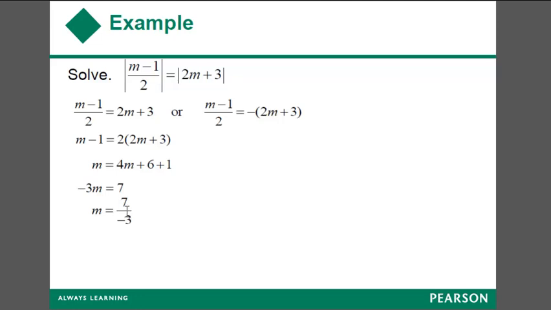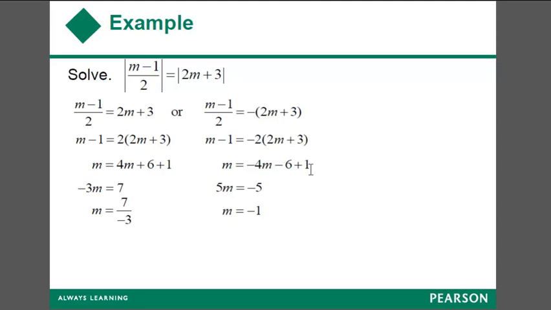I'll follow the exact same procedure on the second equation. I need to distribute the negative and multiply by 2. When I do so, I get a negative 4m and a negative 6. Remember, I got the plus 1 by adding this 1 to both sides. If I add 4m to both sides, I get 5m.